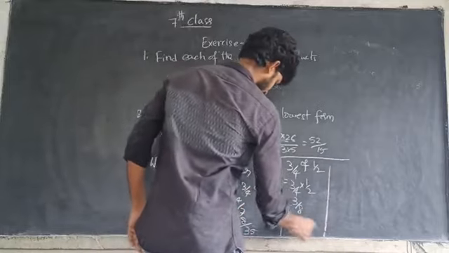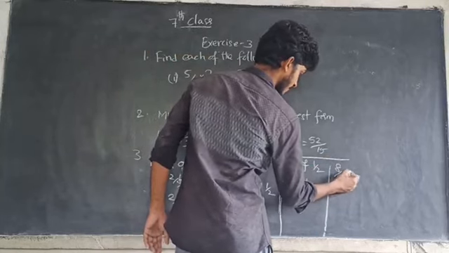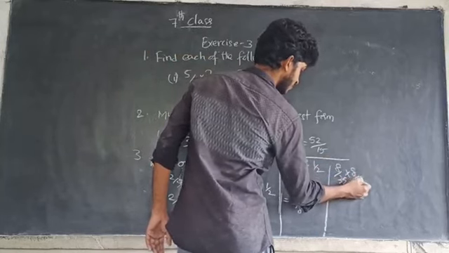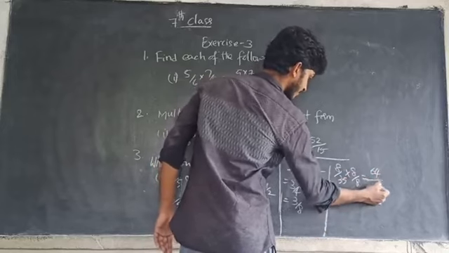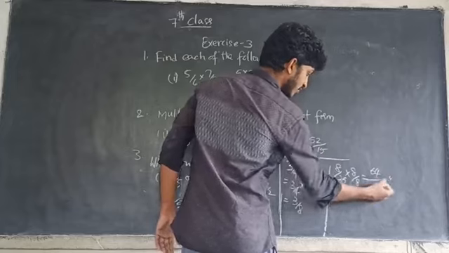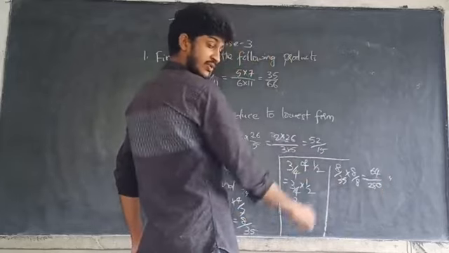So 8 by 35 into 8 by 8. 8 eights are 64 and 35 eights: 8 threes are 24, 24 plus 4 is 28, so 280. So 64 by 280.